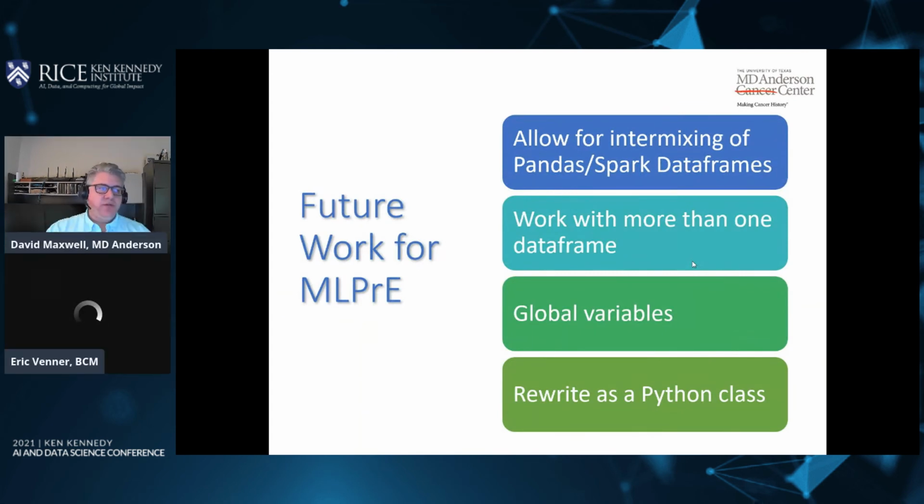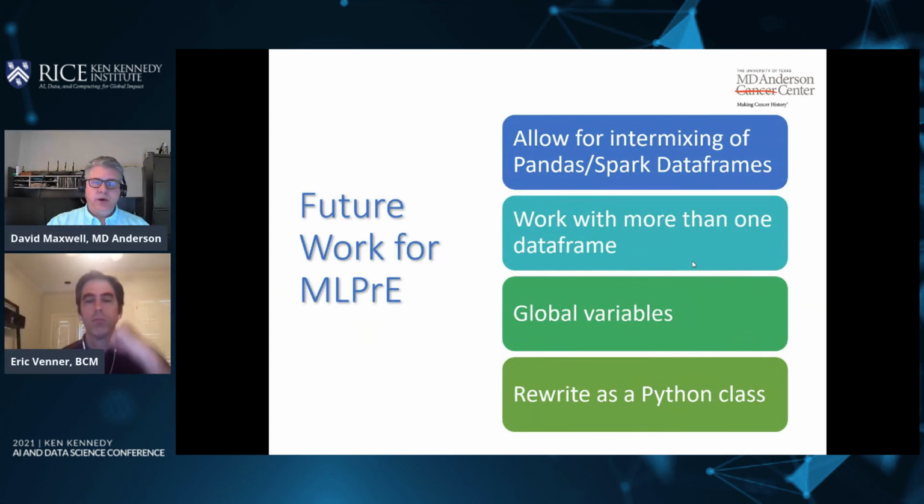So what's the future for MLPrE? I hope to be able to allow some intermixing of pandas and Spark data frames if the memory constraints or the processing constraints are not too high. I would also like to be able to work with more than one data frame, for example, combining a data frame with an outside table, like a Hive table.